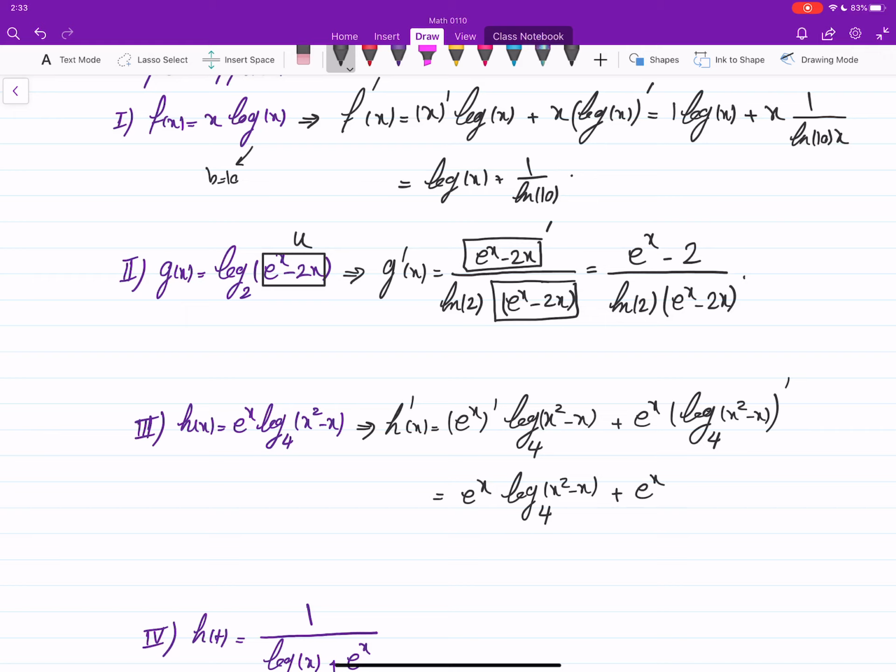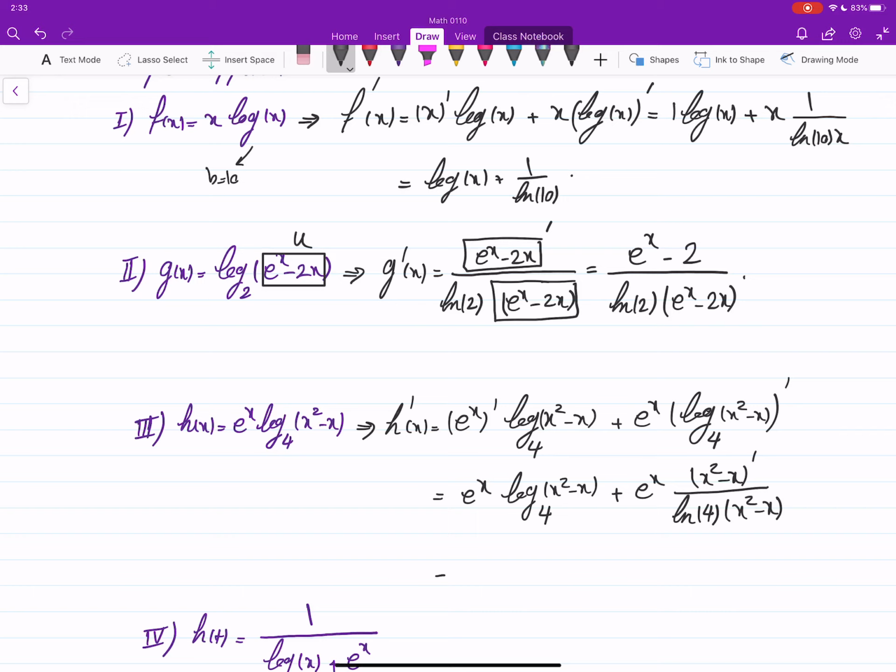And the derivative of log of something, base 4, would be the derivative of that something over that something itself, and then multiplied by ln of the base.